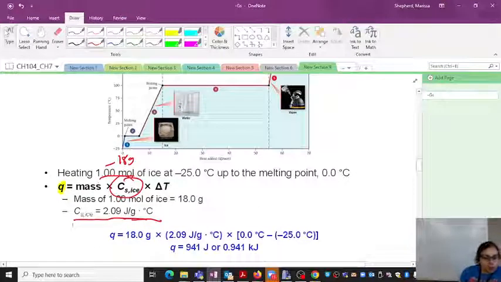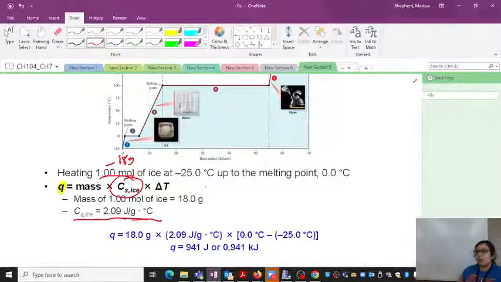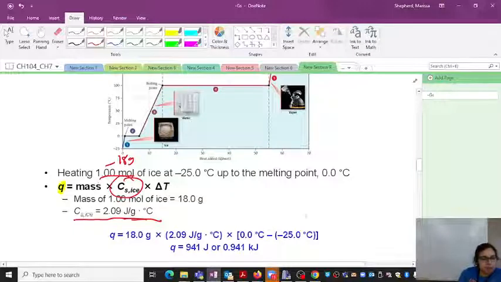And then times our change in temperature. We know we have to bring it to the melting point, because at that melting point we have to stop and figure out the energetics of that leg. As we go from negative 25 to 0, that's a change in temperature of 25.